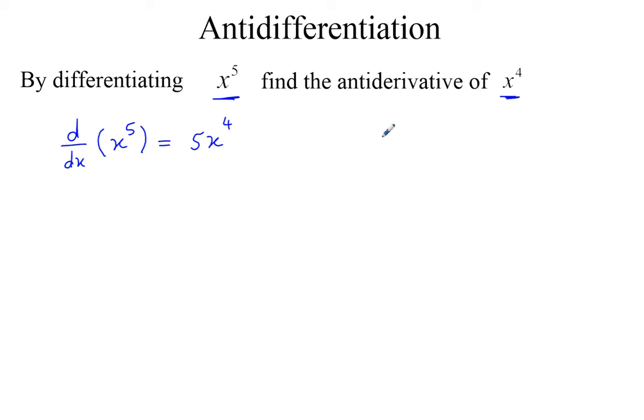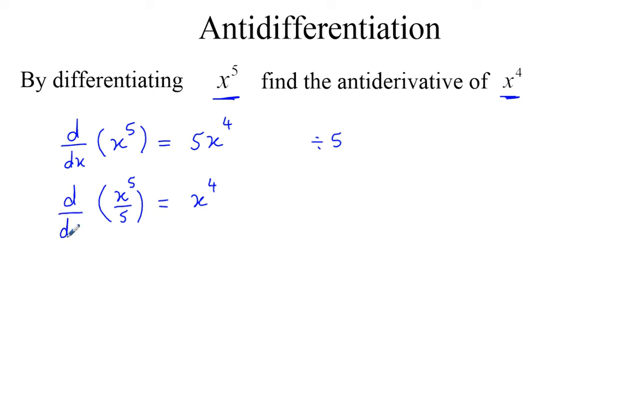But the question is asking for the antiderivative of only x to the power of 4 without the 5 at the front. So I can get rid of the 5 here by dividing both sides by 5. So if I divide by 5 here, I get x to the power of 4. If I divide by 5 here, I get x to the power of 5 over 5.